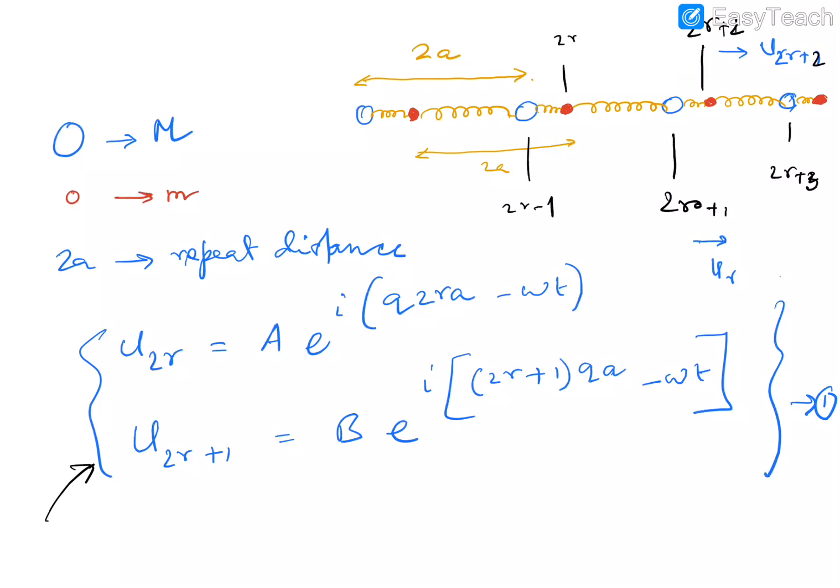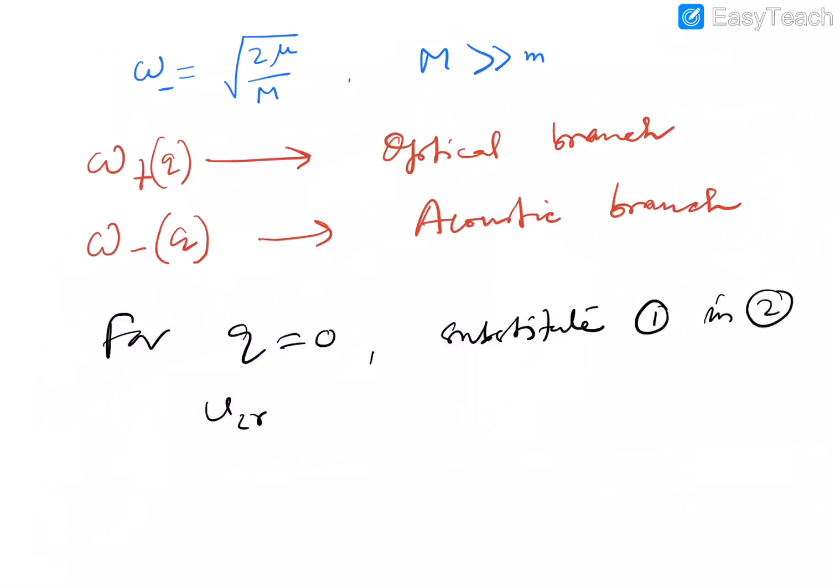So this is basically a equal to b. This is for the acoustic branch.